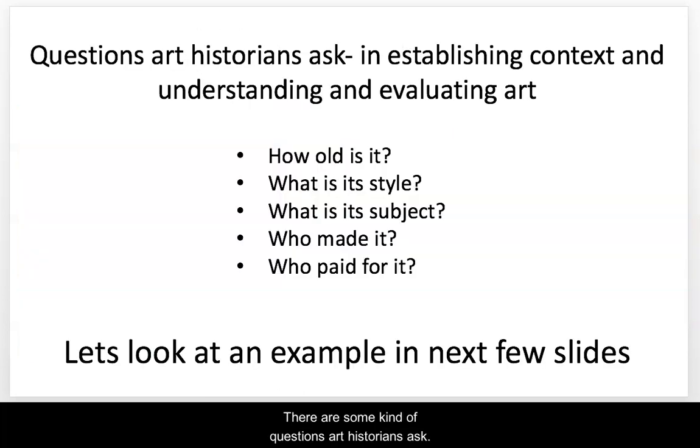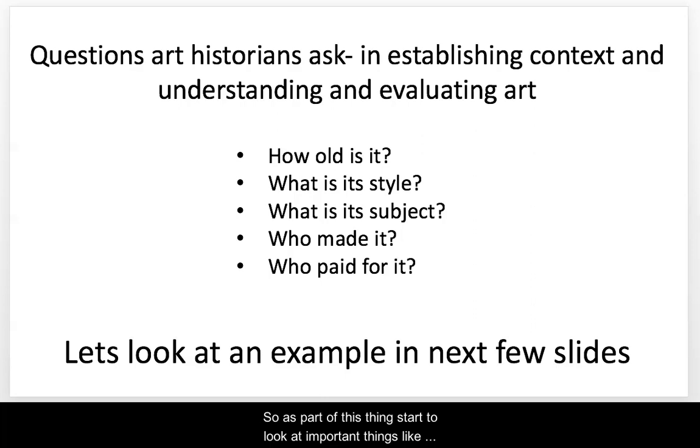So there are some kinds of questions art historians ask to establish context and to understand and evaluate art. And your book talks about these in greater length, and this is an example of why you need to read, because I'm not going to go into every detail because it's better for you to read some of it. But there's an idea of chronology, the unfolding of human history and the history of art, that's very important in history and art history.